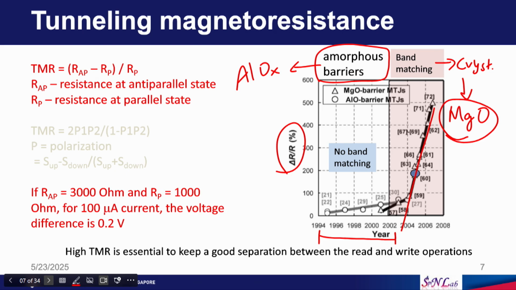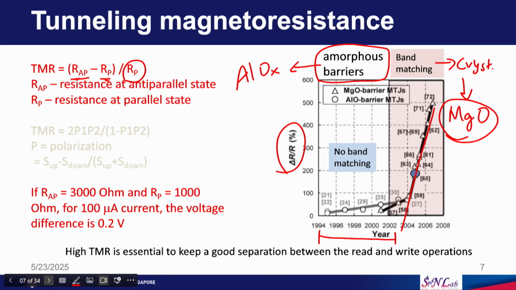Again, this is the definition of TMR. Let us say you have a certain resistance in the antiparallel state and a certain resistance in the parallel state. The difference divided by the resistance of the parallel state gives TMR.